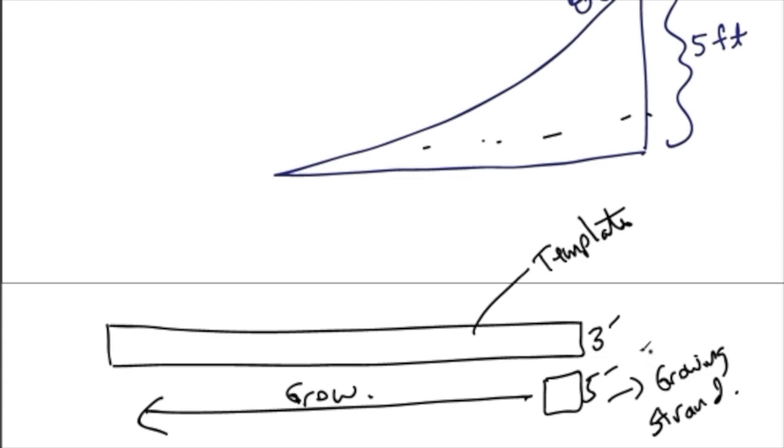You're the skateboarder moving from 5 to 3, but reading 3 to 5. You have your 5' here and your 3' here. So the template needs to be 3 to 5, but it's growing 5 to 3. Does that make sense?